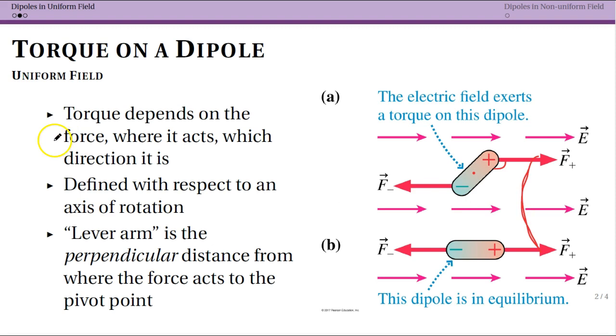So to briefly remind you, torque is going to depend on a force, where it acts, and which direction it is. So we have to have an axis of rotation, which we typically put in the center. And in this case, we see that the forces are not acting at the center. Lever arm is then the perpendicular distance from where the force acts to the pivot point. So the lever arm is basically this distance.